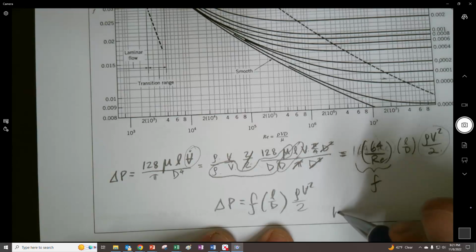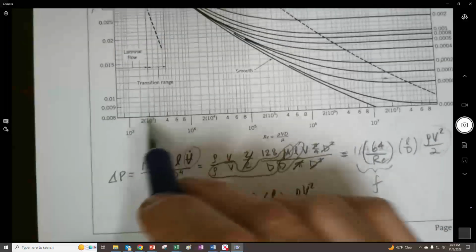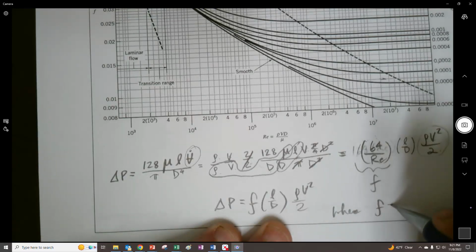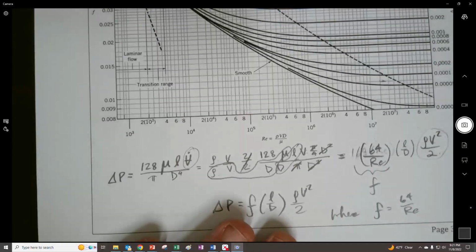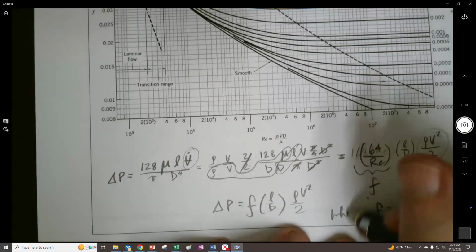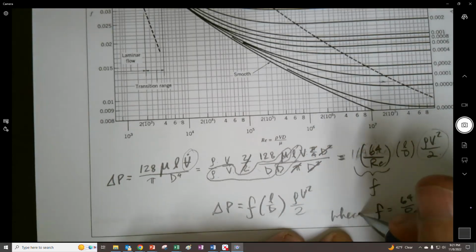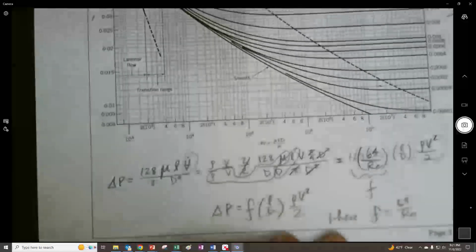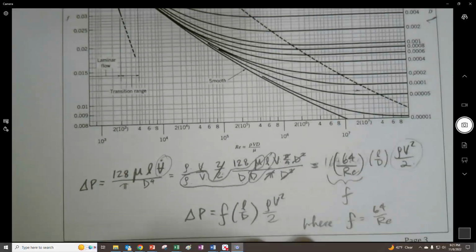And for at least low Reynolds numbers, f is going to be 64 divided by Reynolds number. I'm not sure that I agree that it should be a straight line onto here. We could probably test that out.